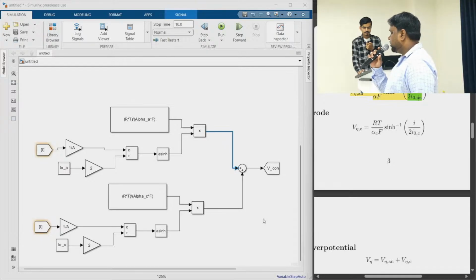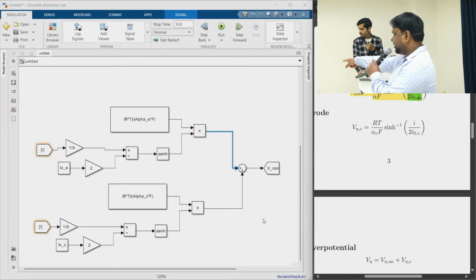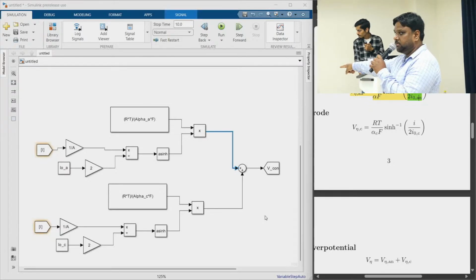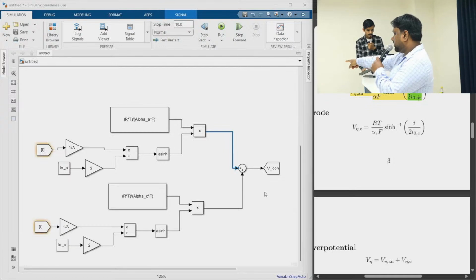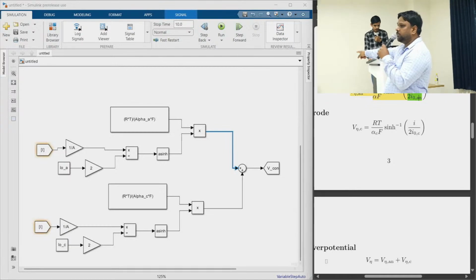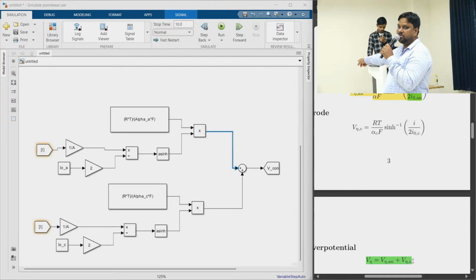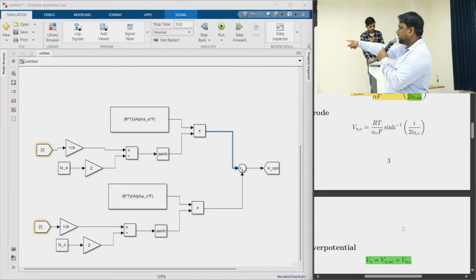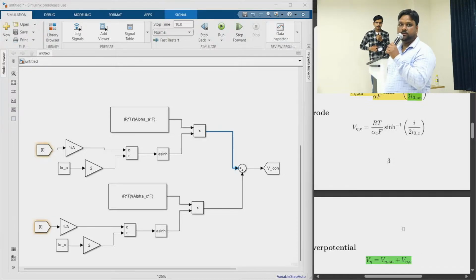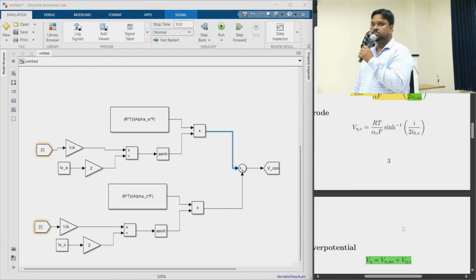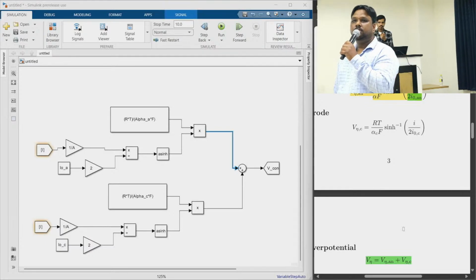See your PDF, the first equation is our output. The total activation overpotential is the sum of anode plus cathode. That's what we are doing as the output from this calculation. Are all getting this?